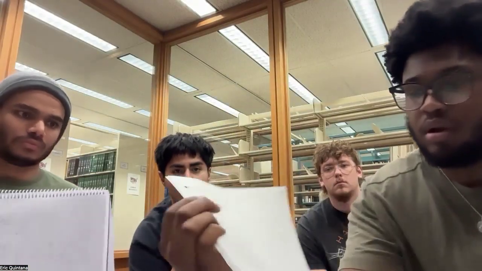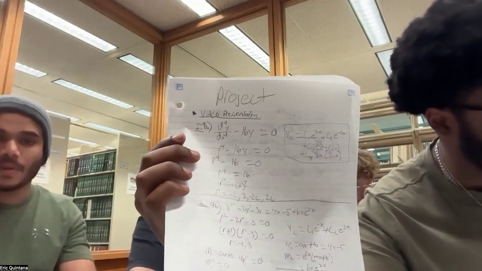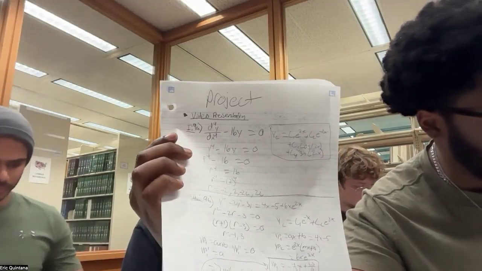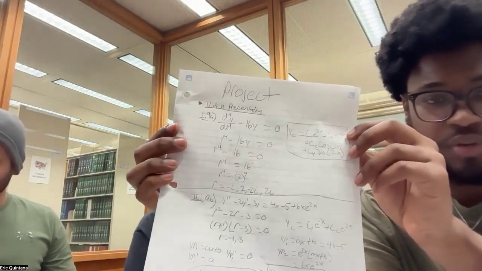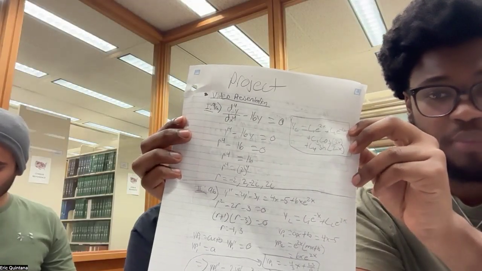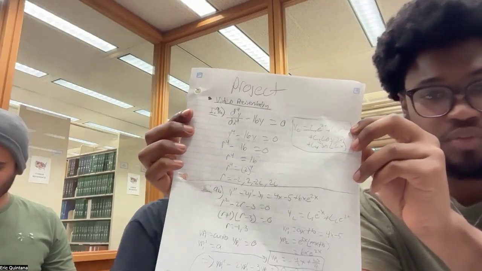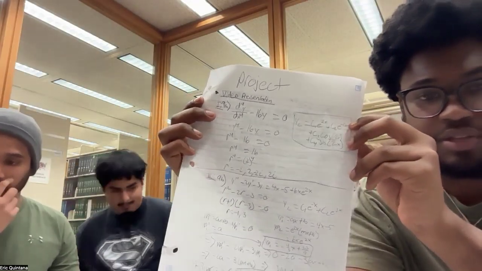And then for the second one, we had to find a general solution of an ODE using undetermined coefficients. So we started with y double prime minus 2y prime minus 3y equals 4x minus 5 plus 6x e to the 2x.